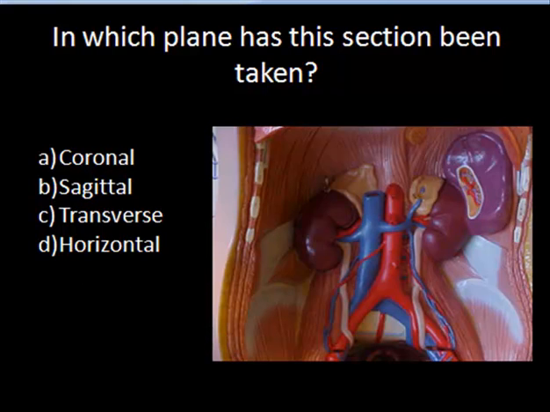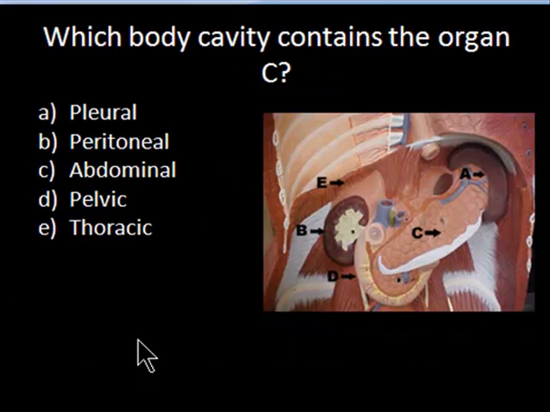And let's look at the next one, which is which body cavity contains the organ C? This image is from your image database that you were required to visit, and C is the pancreas. So the pancreas lies in the abdomen. So the correct answer is the abdominal cavity.